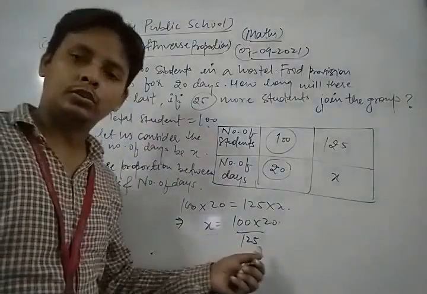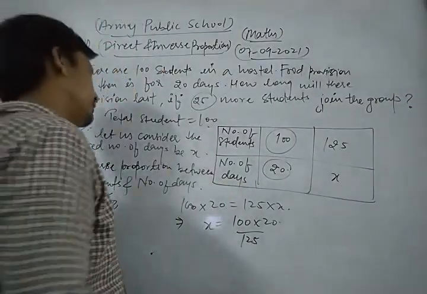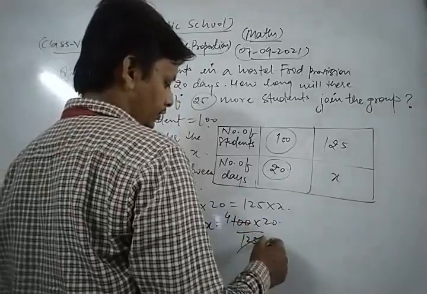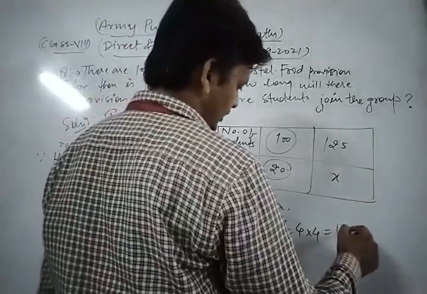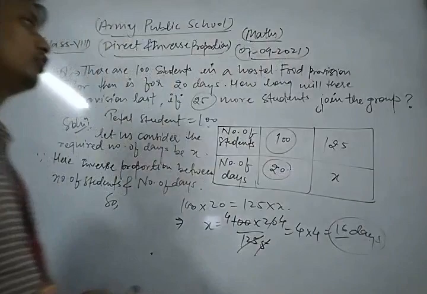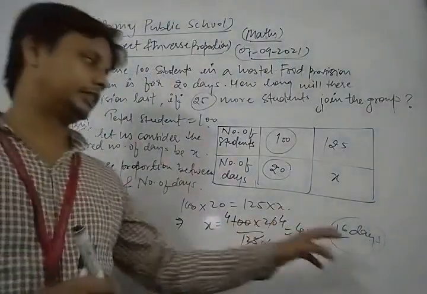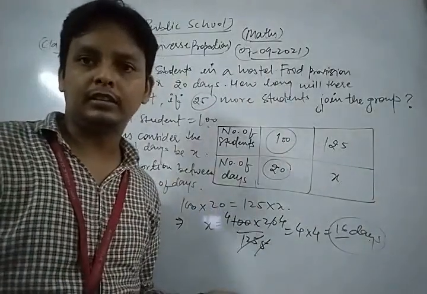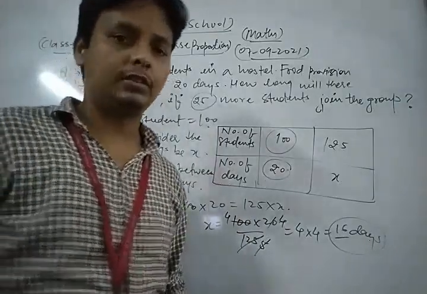So we get 25 fours are 100, 5 fours are 20, so that is 4 into 4, that is 16. Thus the food provision lasts for 16 days if 25 students join the group. So this is the required solution of the given question.